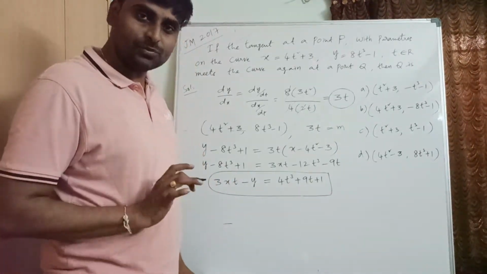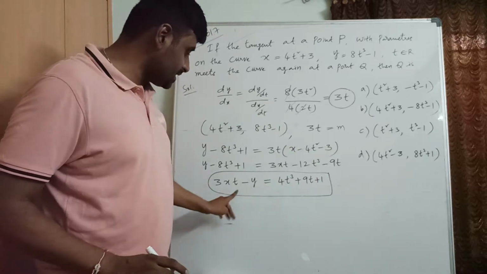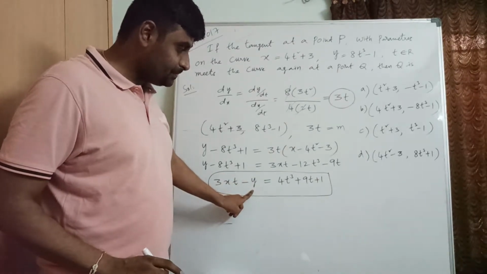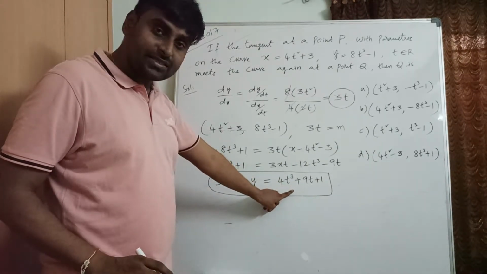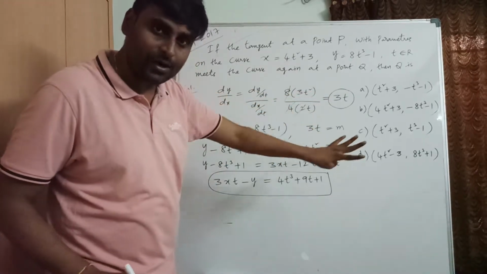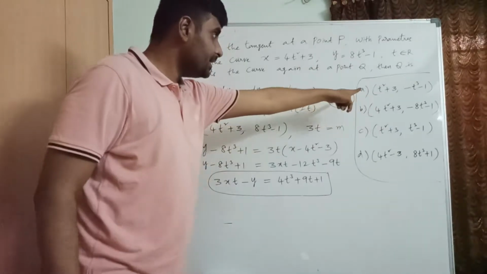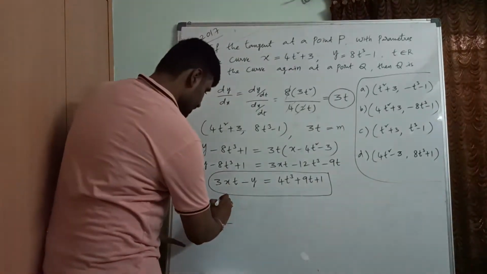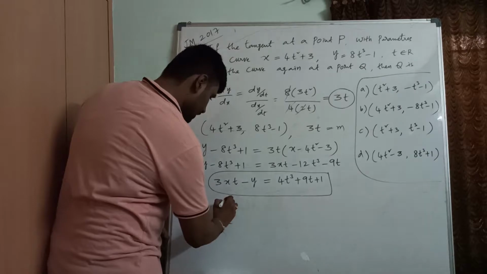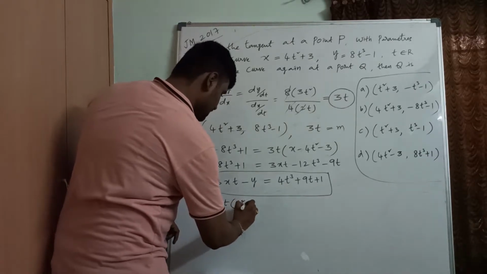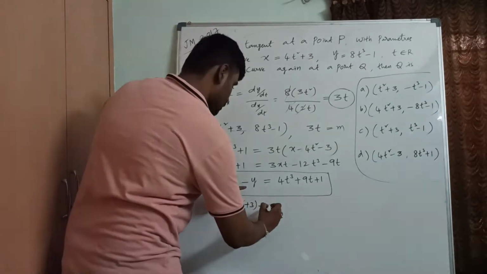Just verify the option. Which of the following options is correct? This tangent also passes through which of the following points? Just verify the option fast. See, for the first option, take t square plus 3 in place of x, let me substitute, minus y.